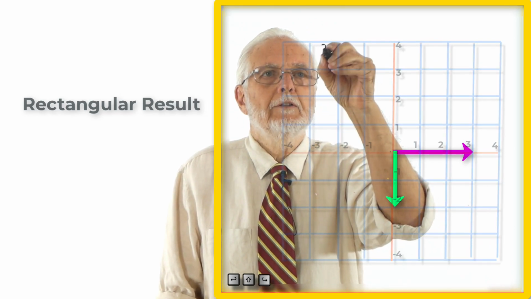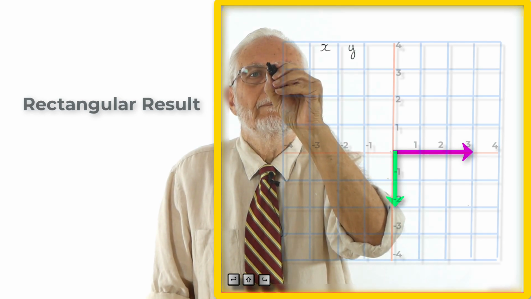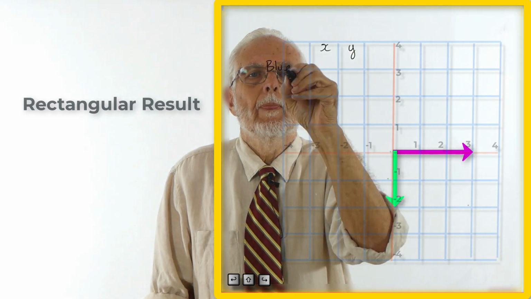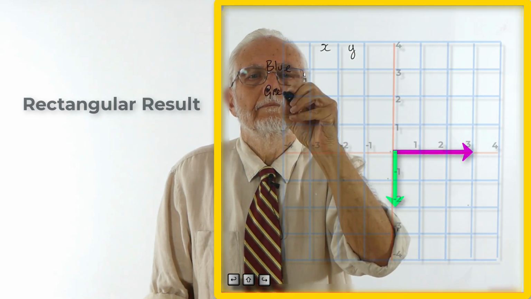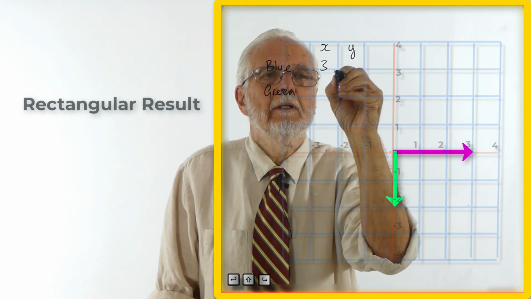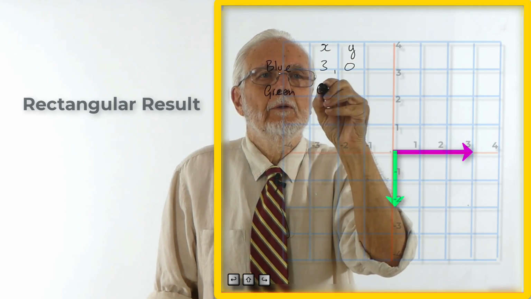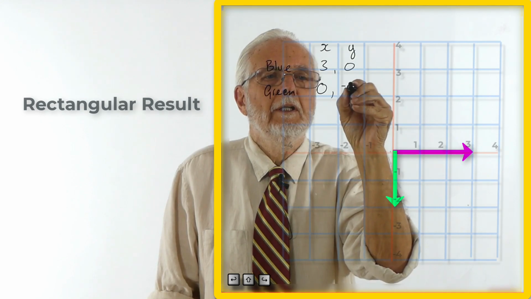So they both have an x value and a y value, and they both have a name, blue and green. The x value of the blue one is 3, y value is 0. Green, x value is 0, y value negative 2.